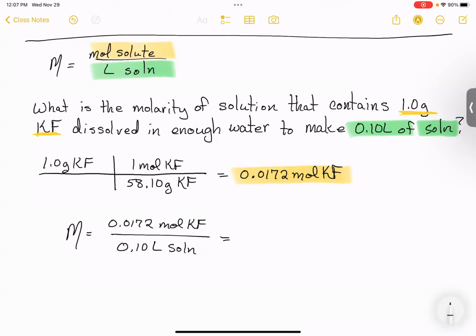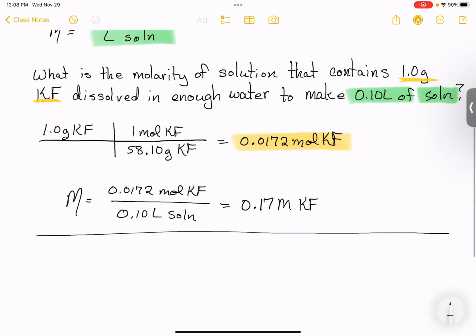And that gives us a molarity of 0.17 molar KF. So basically, folks, what I'm doing is finding the two components needed to perform this calculation.